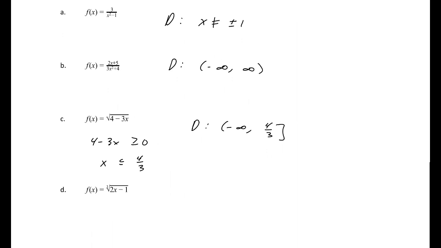All right, part D, I said something about an even root just a second ago. This is a cube root, so actually what we have underneath the root can be negative. So this one has no domain restrictions. It's all real numbers. And again, you can also write all real numbers that way.